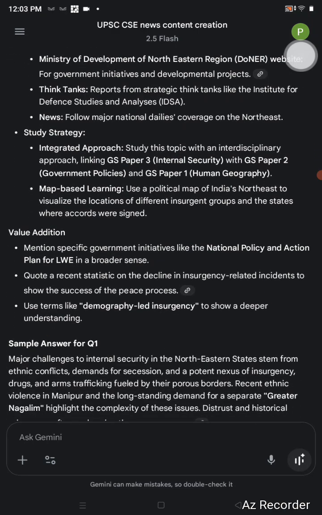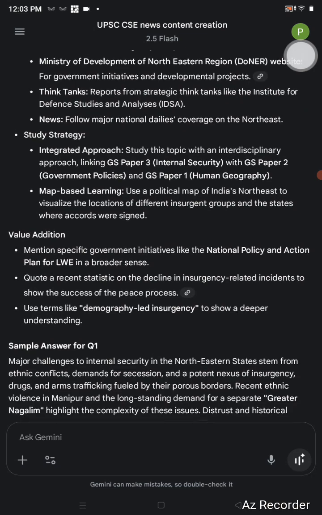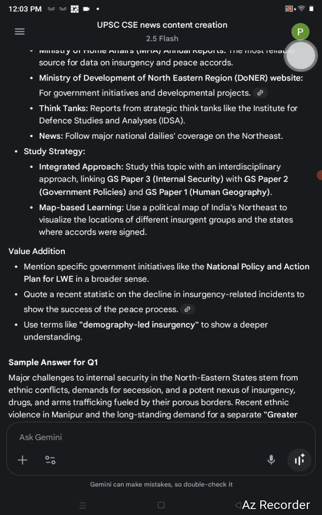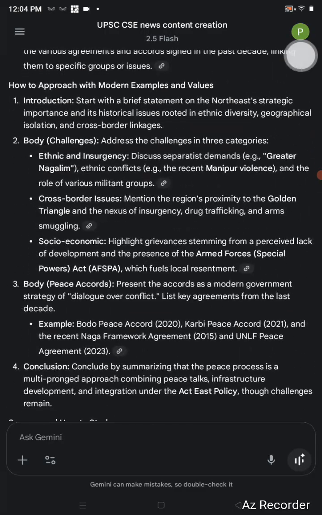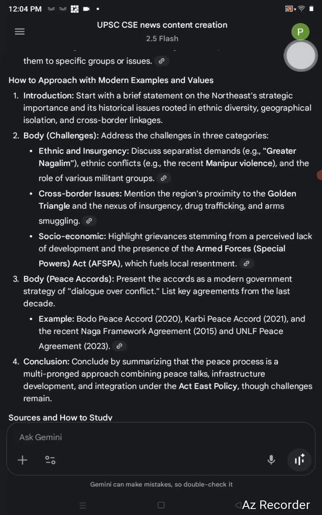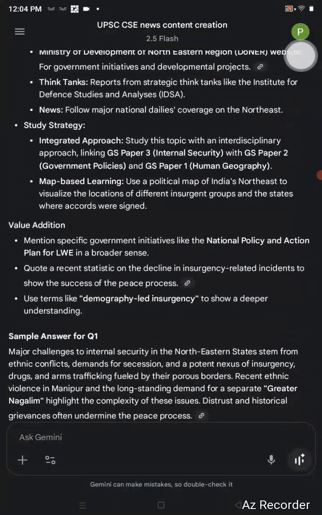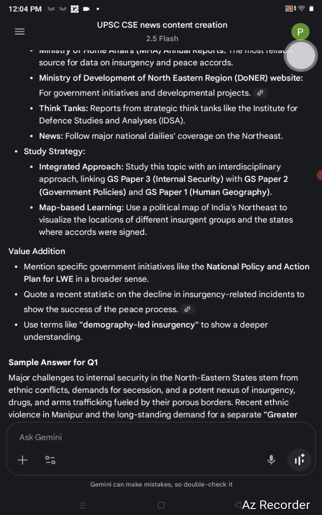In value additions, what you can do is mention specific government initiatives, like national policy action plans. In the body section, after this and before the conclusion, you can write the government initiatives. Quote recent statistics on the decline in insurgency-related incidents to show the success of the peace process. Yes, that will be covered in current affairs.